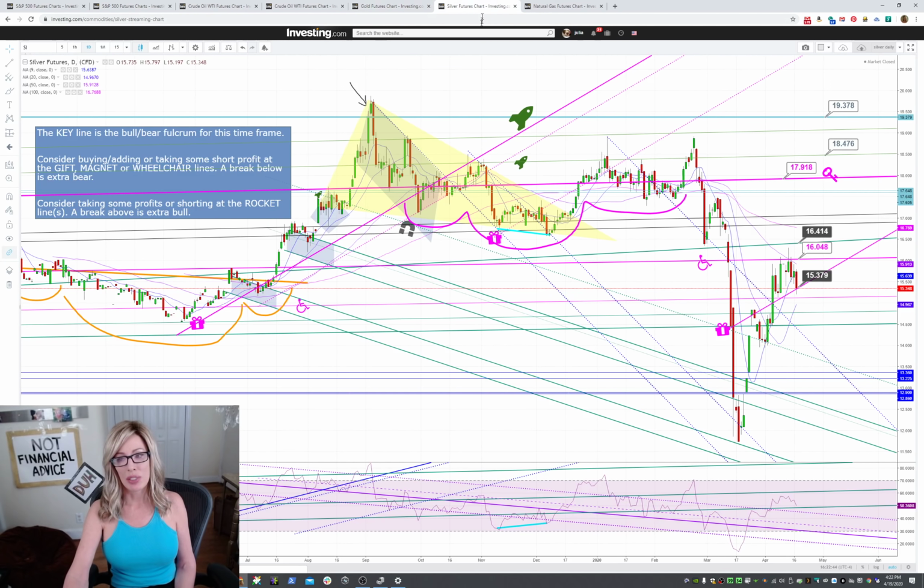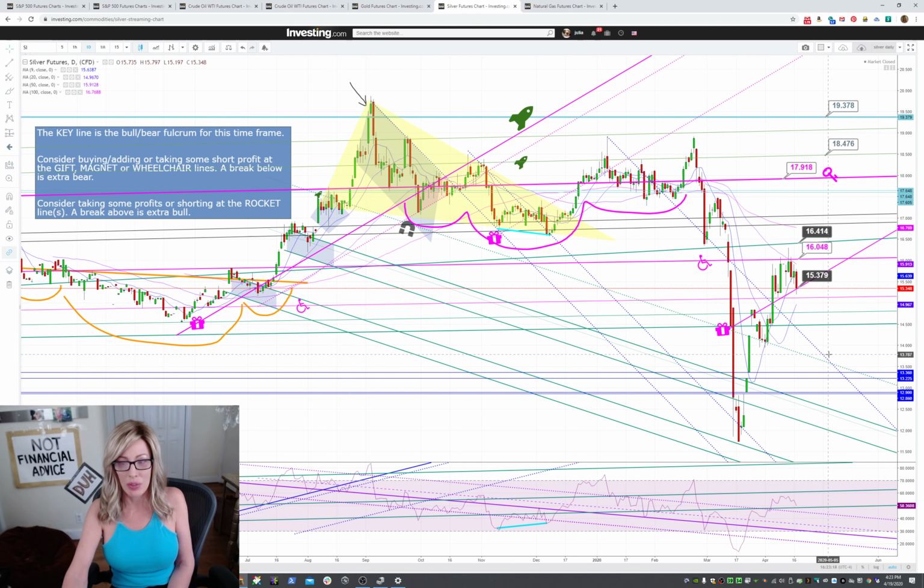Okay, let's talk about silver. I was a little more hesitant about silver because of these gaps. That was really why I was hesitant about gold, because I don't like that. But if you are long silver, this has been a great trade for people who've longed it. If you are in a losing position, what I wouldn't necessarily do is add to it, because you don't know whether or not it's going to come all the way down here.